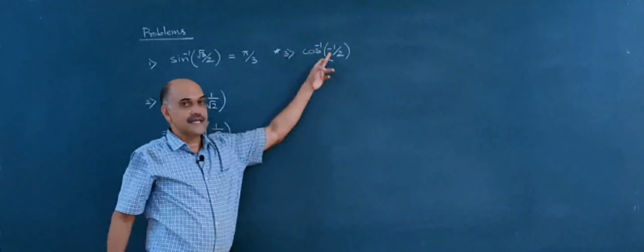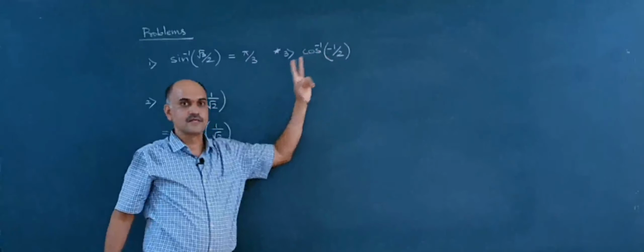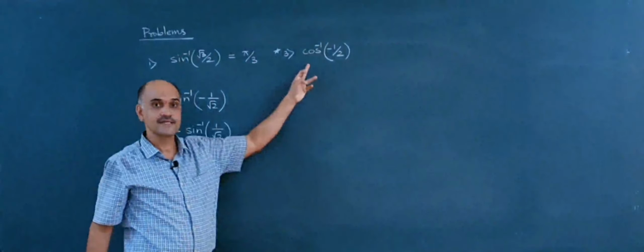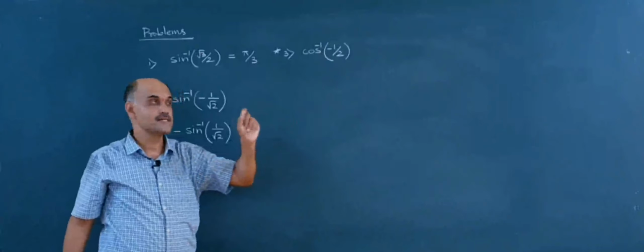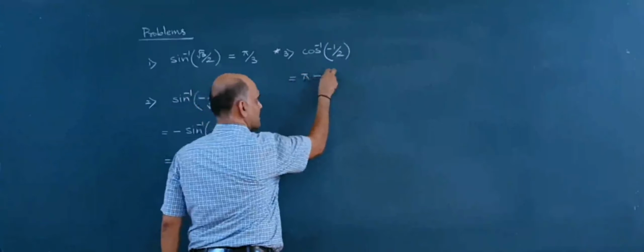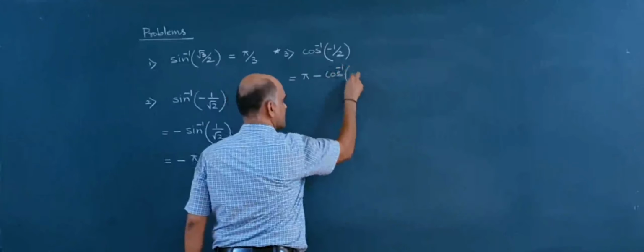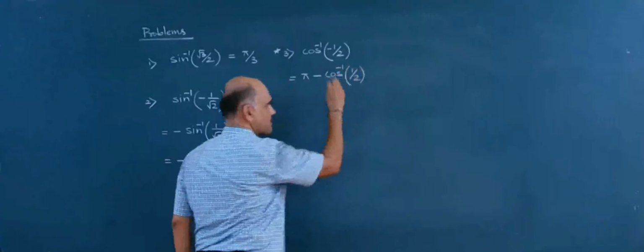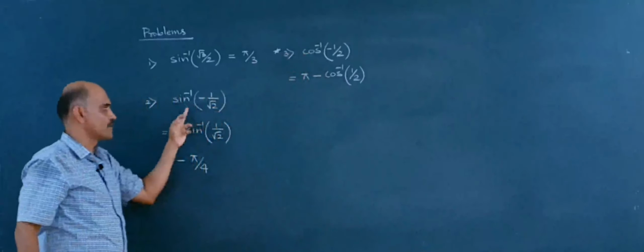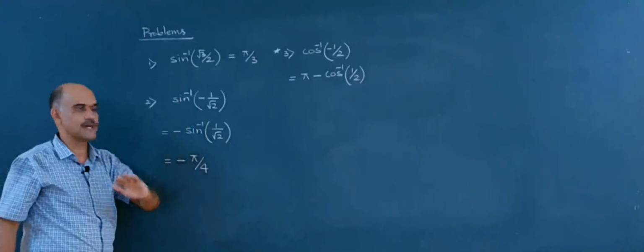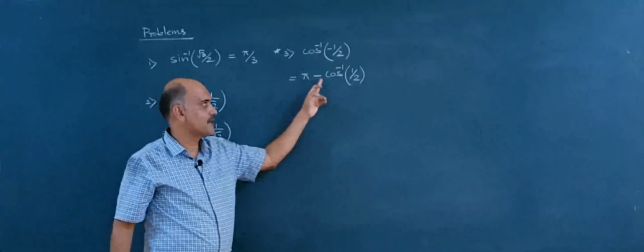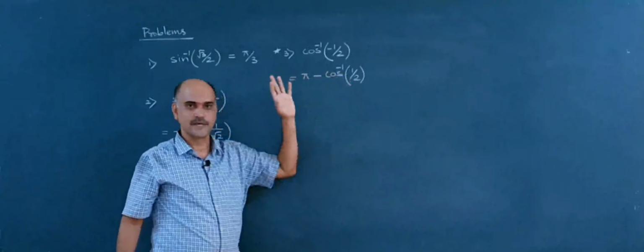If there is a negative in cos inverse, the second formula we have seen, cos inverse of minus x is pi minus cos inverse x. So this will be pi minus cos inverse 1 by 2. It will not be directly minus cos inverse 1 by 2. You are required to remember this, pi minus cos inverse 1 by 2.